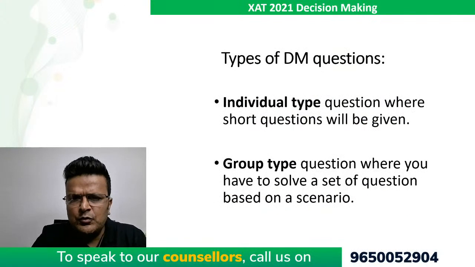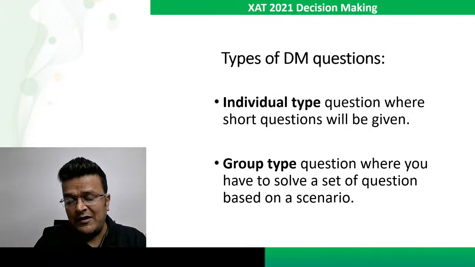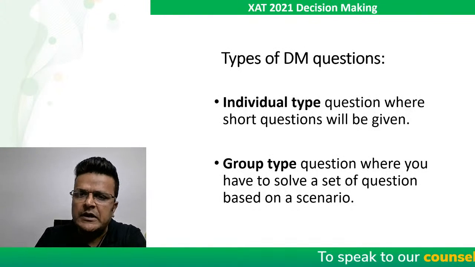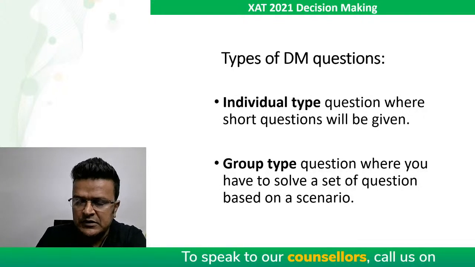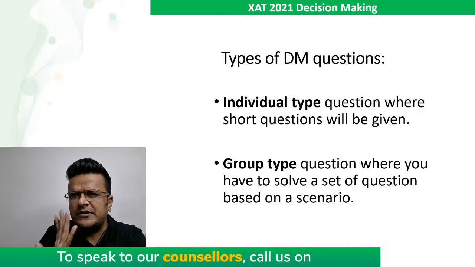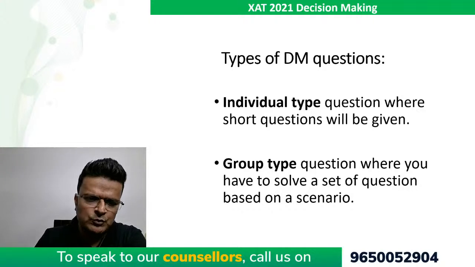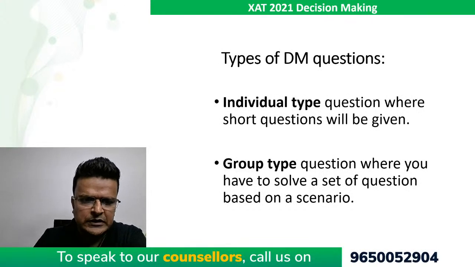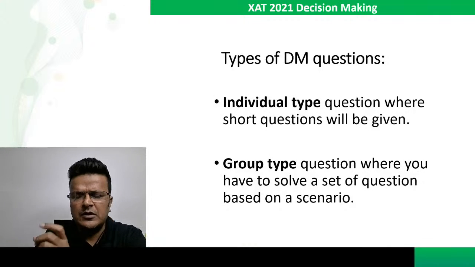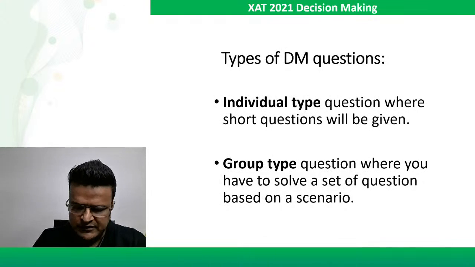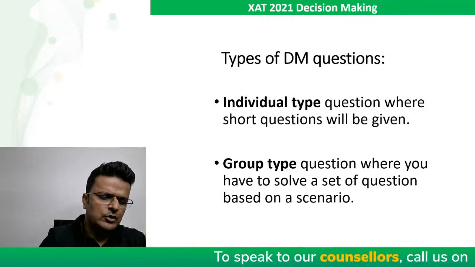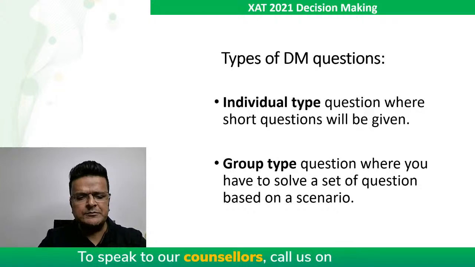So if you have been preparing for XAT, or if you have done it earlier, or if you are doing it for the first time, irrespective, you may be aware that you might get broadly two categories of questions. One of them is individual type questions, where one question typically has a set of information that is given to you, and then you are supposed to answer the question on the basis of the information given, right?